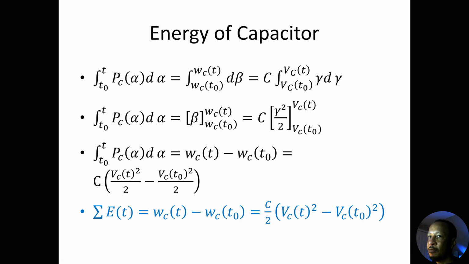The energy over time is equal to W_C(t) minus W_C(t₀) equals C over 2 times V_C(t) squared minus V_C(t₀) squared. And that is my final energy equation there that I have.